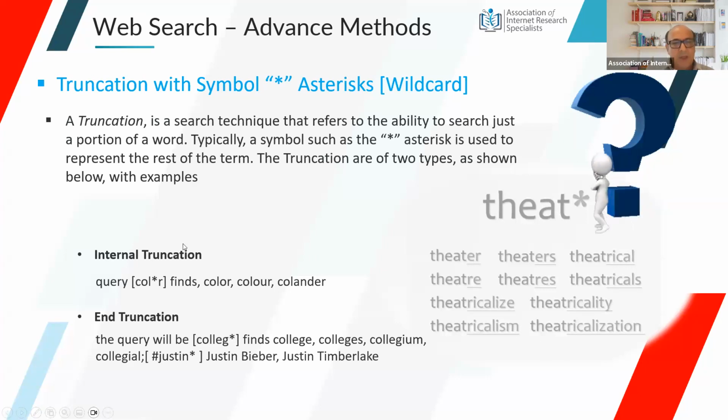These two truncations are meaningless unless you know how to use them to look for longer sentences, a lot of search phrases, or many words missing in between. So we don't worry about what's internal truncation or end truncation. What difference does it make? We just want the asterisk to be used in the best way possible.